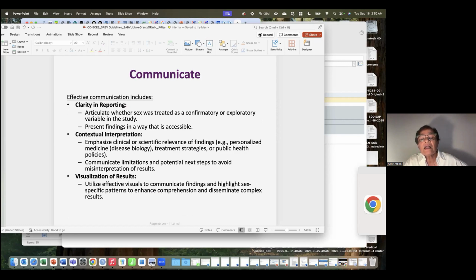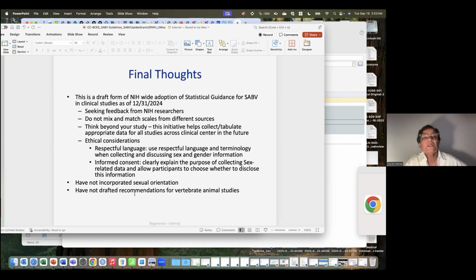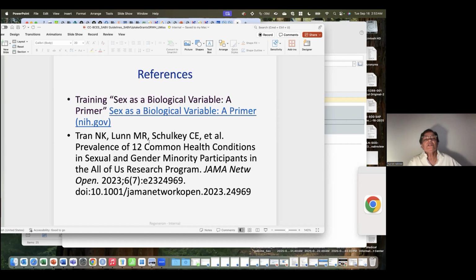You have to have the contextual interpretation. Why is this important in where you're studying? Communicate limitations, and the visualization of results is going to be very important as well. So I think I will leave you with these two references and just open it up for questions, comments.